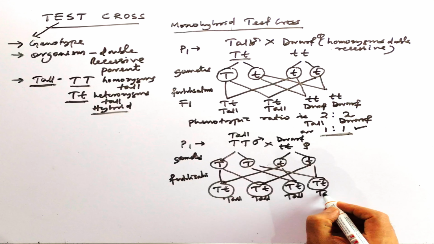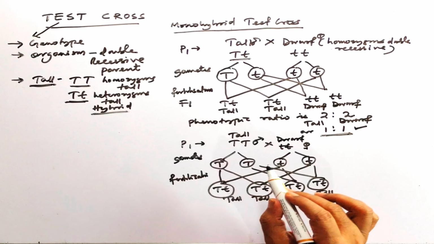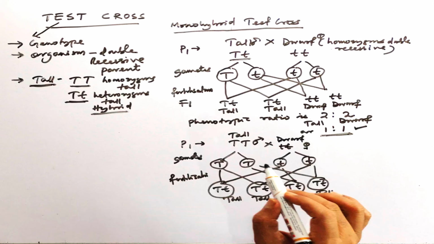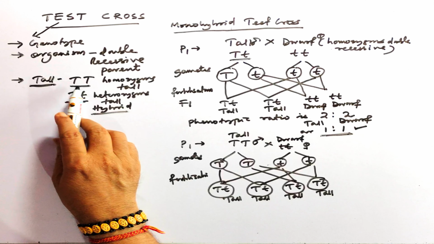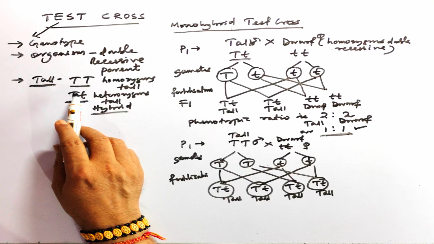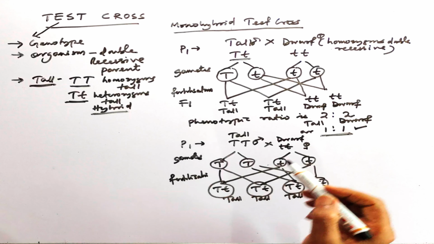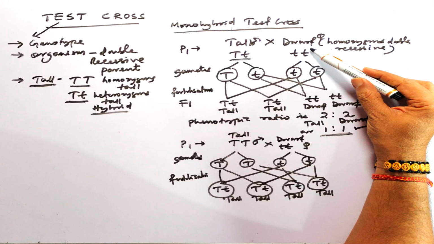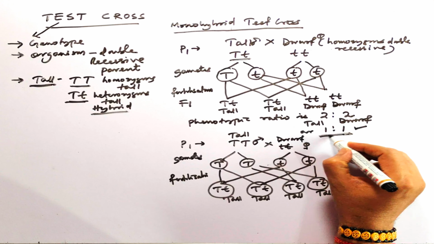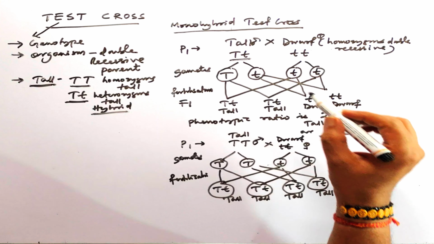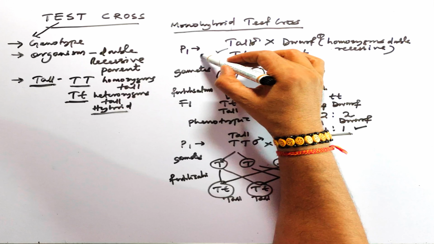This confirms that if we take a tall plant and we do not know its genotype, we have to cross it with the double recessive parent, and if we get a 1:1 ratio, then we confirm that this is a hybrid.